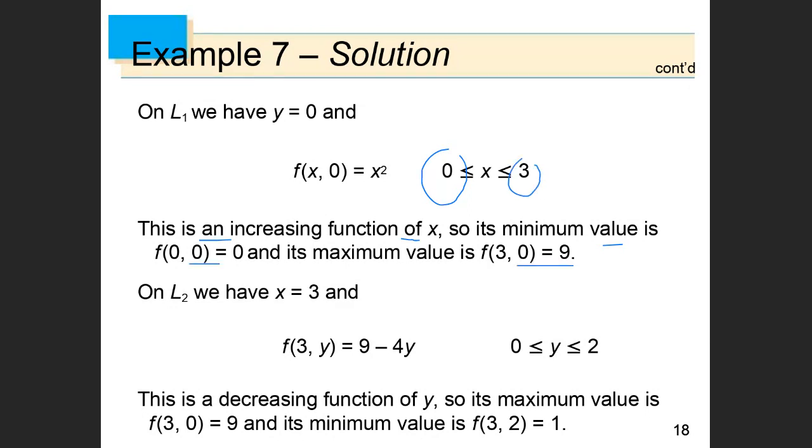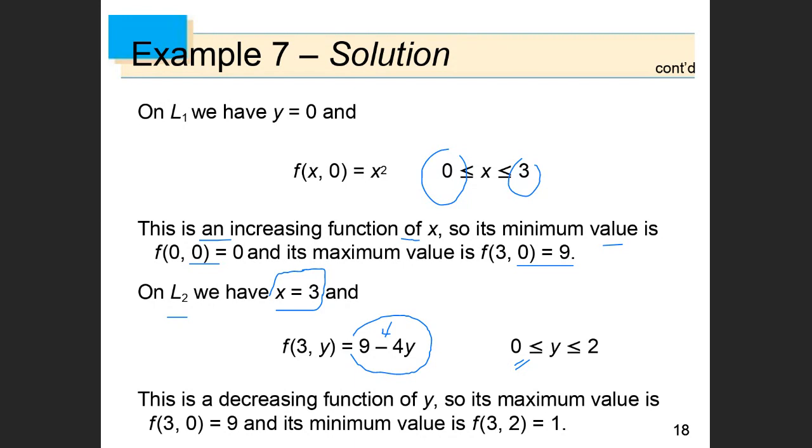Okay? On L2, we have x equal to 3, which is constant, so it changes the pattern for f. You see, now we have 9 minus 6y, so because of the negative, it is inverted. The maximum would be at the lower limit, at y equal to 0, and the minimum would be at 2.